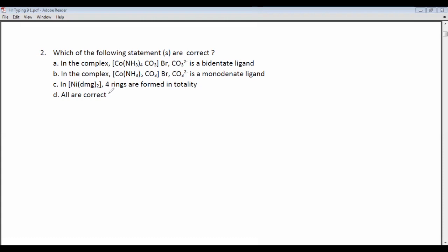The next is in Ni(DMG)2, four ring complexes are formed. Four rings are formed totally. So let's consider the dimethyl glyoxime structure. Dimethyl glyoxime means dimethyl glyoximato. What is the structure?